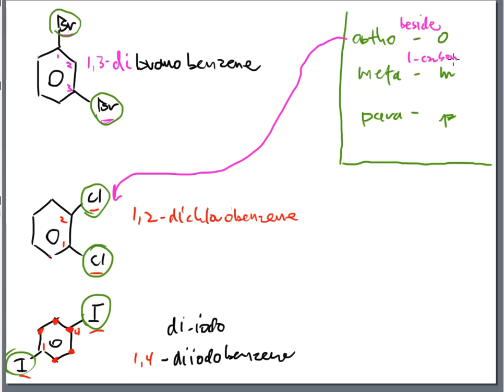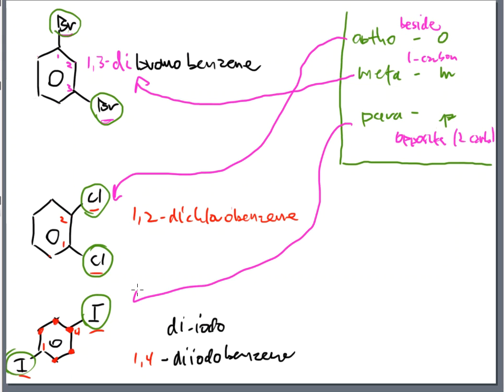So out of the three options that I've done over to the left, the meta version is going to be up here at the top, the 1-3 position. The ortho is the 1-2 position. And the para is directly across from each other. They are directly opposite of each other. So there's two carbons typically, if it's benzene, in between them. So para would be represented down here at the bottom.